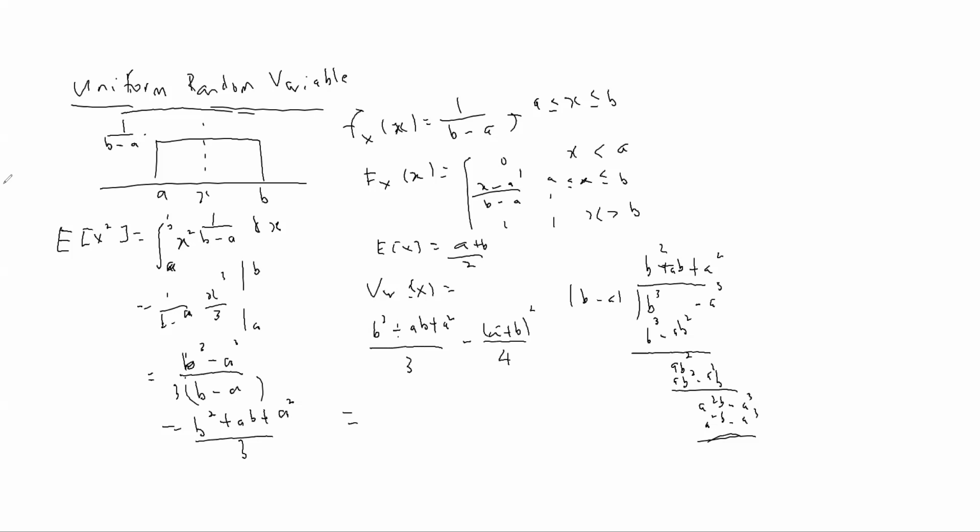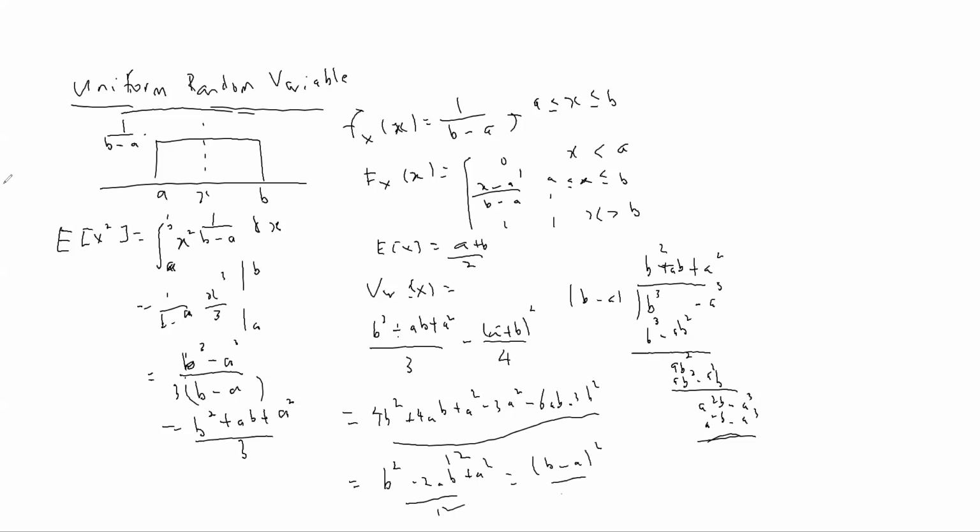So this gives us 4B squared plus 4AB plus 4A squared minus 3A squared minus 6AB minus 3B squared, divided by 12. And what we are left with is B squared minus 2AB plus A squared divided by 12, which turns out to be B minus A squared divided by 12. So this is the variance here.